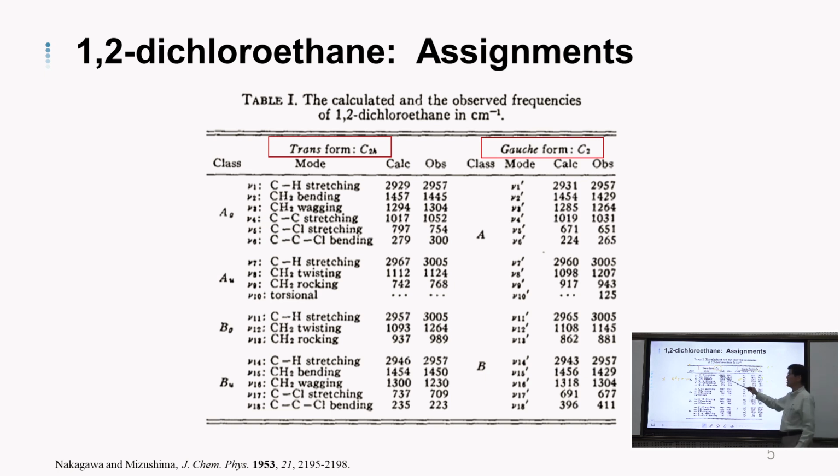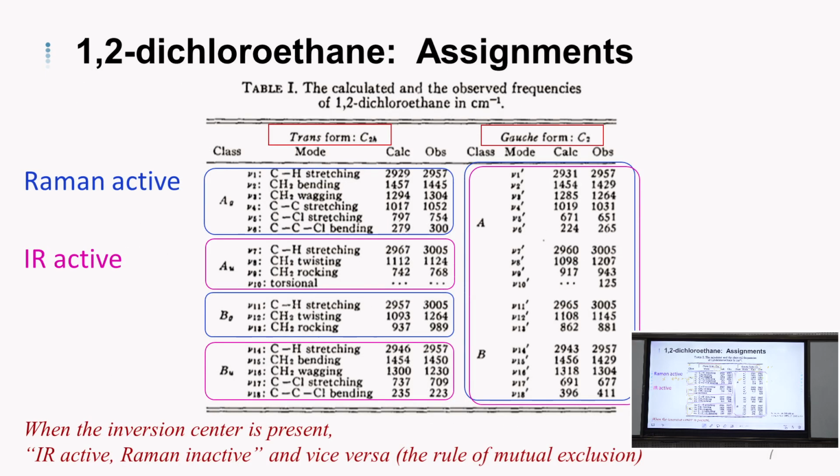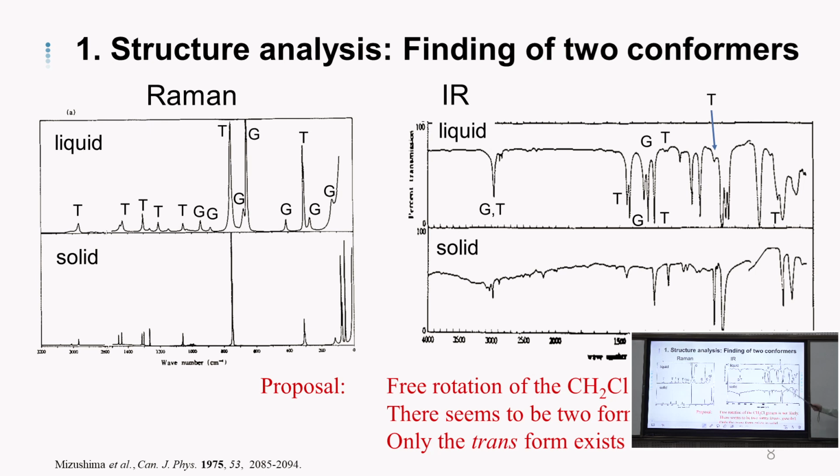In that case, there should be some vibrations, and the vibration modes should be classified into four groups: Raman active, IR inactive, or Raman inactive, IR active. Then based on this knowledge, they could safely assign each peak to two forms, having a C2h group or C2 group. After that, they named the two forms gauche and trans.